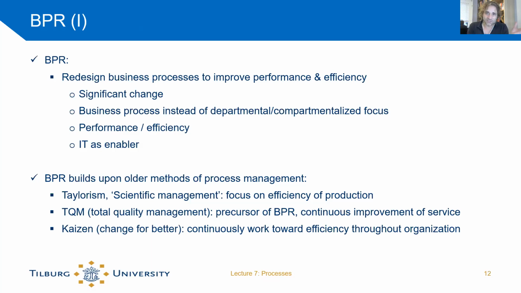Originally, it means change for the better in Japanese, which are all basically methods of looking at your organization in order to continuously improve efficiency in your organization. And business process reengineering really fits well into that whole paradigm. So basically, it's a way to improve your processes in your organization.